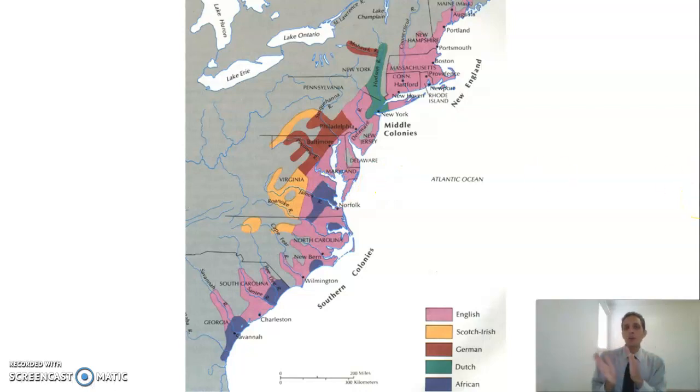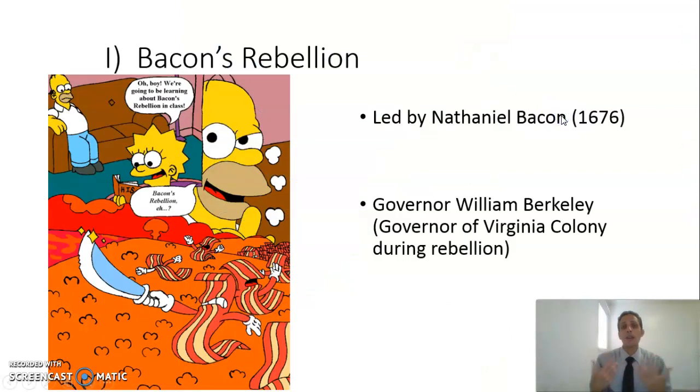So note down that we can compare the colonies New England, Middle, and Southern, but you can also compare the colonies as eastern, coastal elites and western people. And this kind of analysis of the colonies definitely comes up in the rebellion we're going to talk about today, called Bacon's Rebellion.